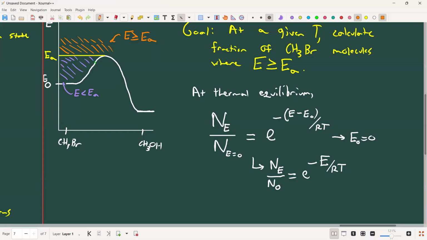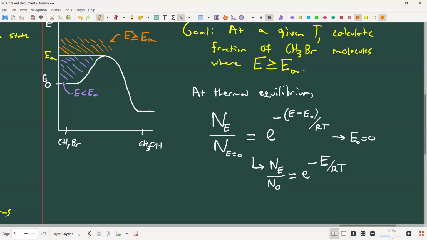Well, the number at any given energy, N sub E, compared to N sub 0, is just e to that minus energy. So what we're going to do is step our energy from E sub A to infinity and ask how many molecules we have at each energy.